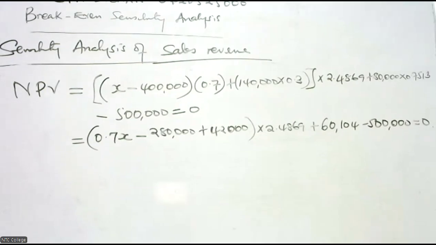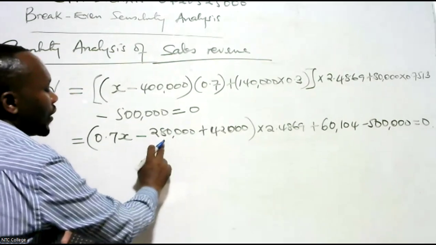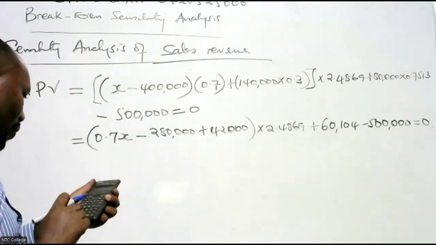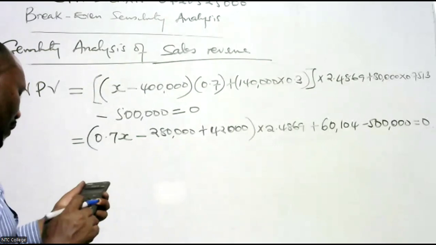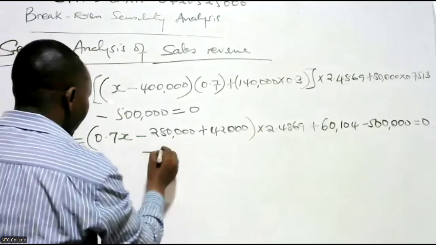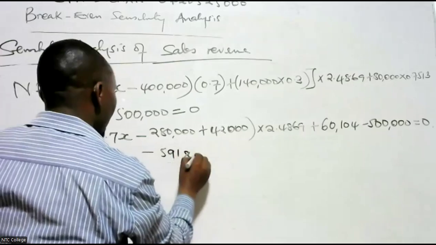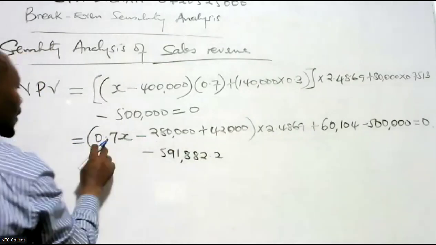So negative 238 times 2.4869. So this is minus 591,882.2. Here I haven't calculated this times this. I've only done this.